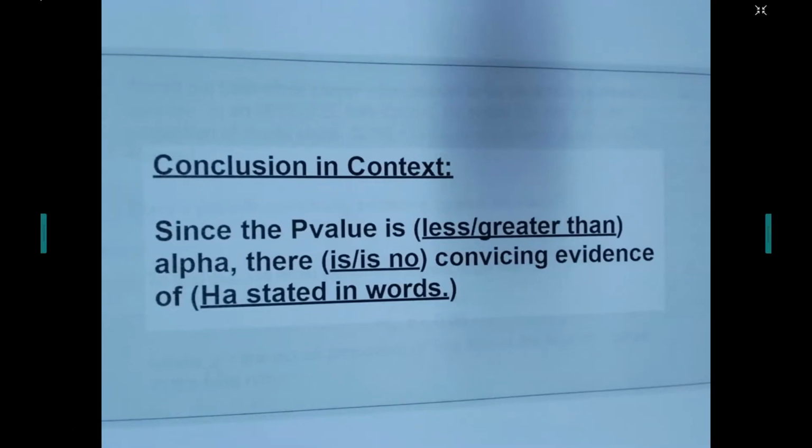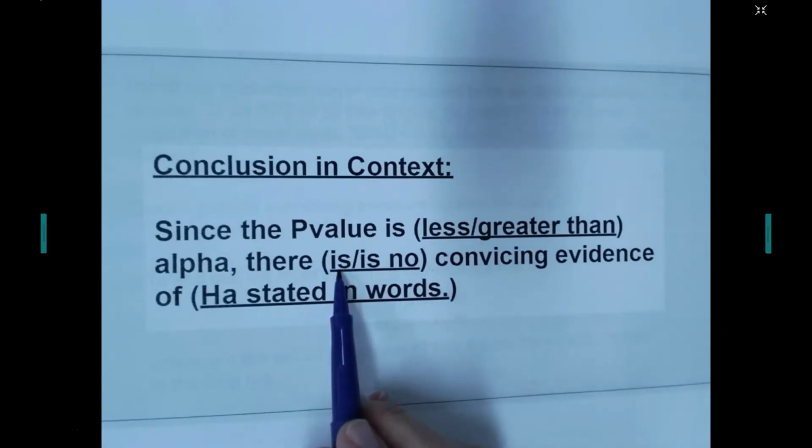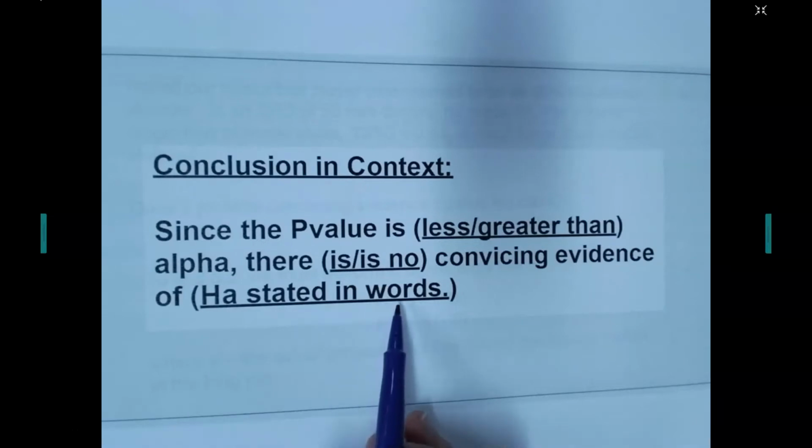And much like with the confidence interval, I have a little statement here, a template that you can plug into every time. You always want to compare your p-value to your alpha level. So you're going to say, since the p-value is either less than or greater than alpha: if it's less than alpha, there is convincing or significant evidence of whatever your alternative is.